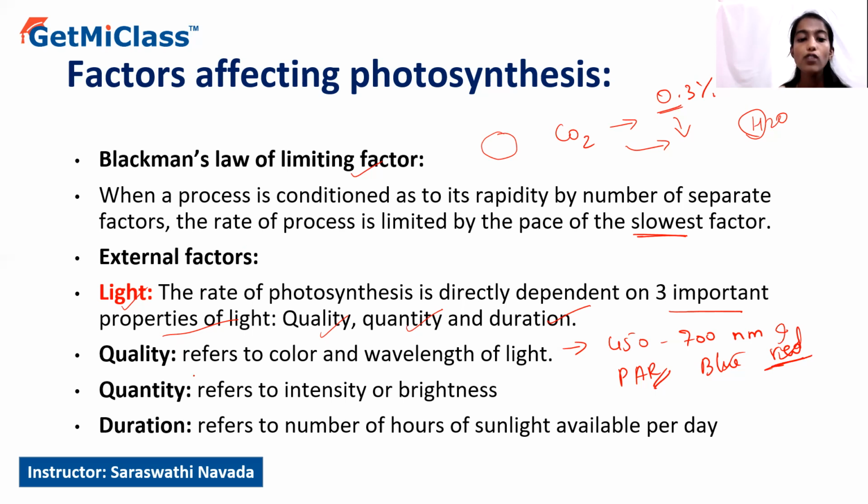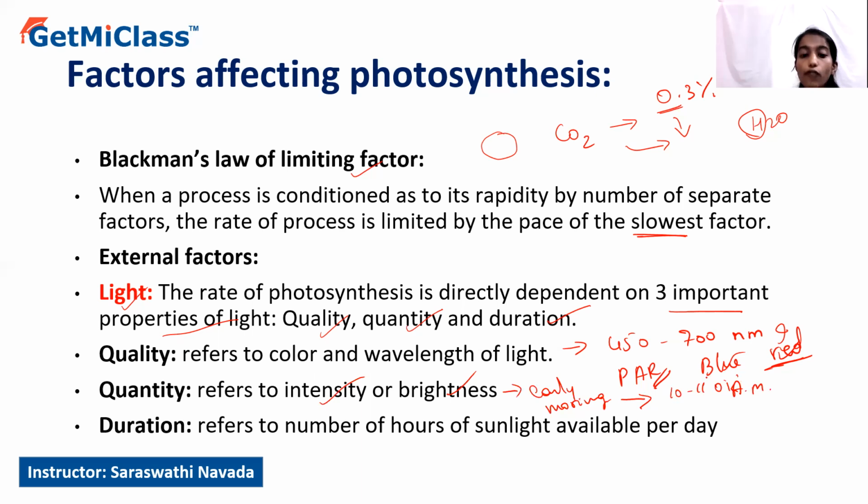And coming to the quantity of light, it refers to the intensity or brightness of the light. As I said, in the early morning the incident solar radiation has more red light, at 700 nanometer. Starting from early morning till a certain time period, let us say between 10 and 11 a.m., the rate of photosynthesis goes on increasing.